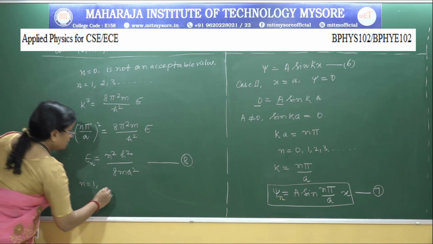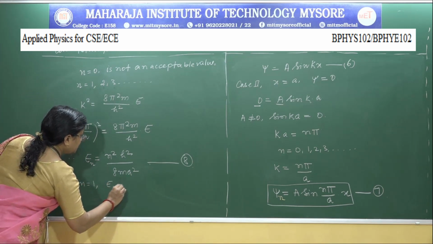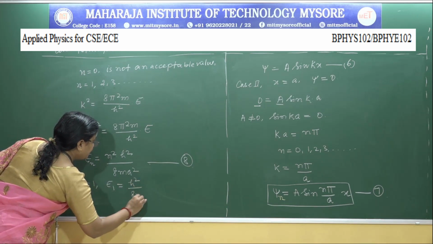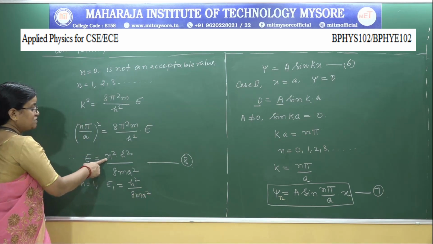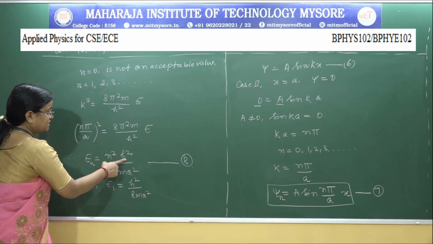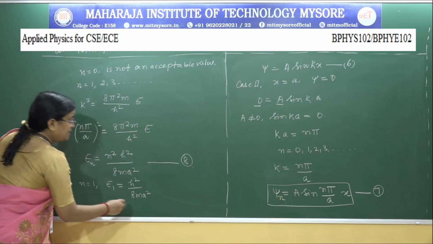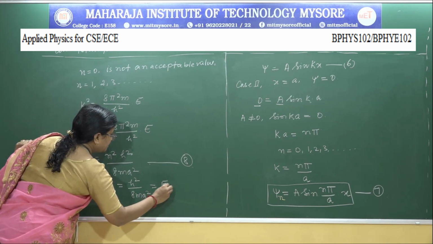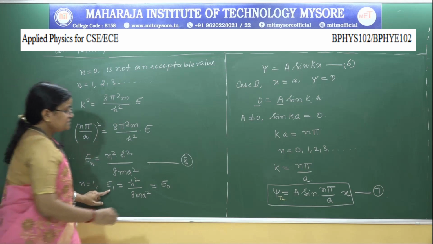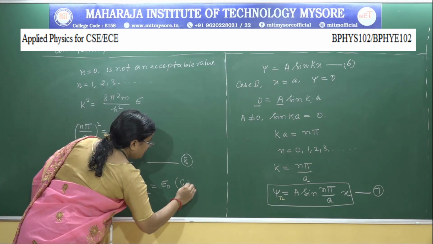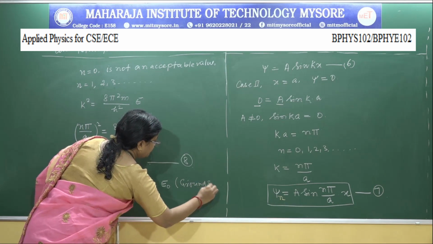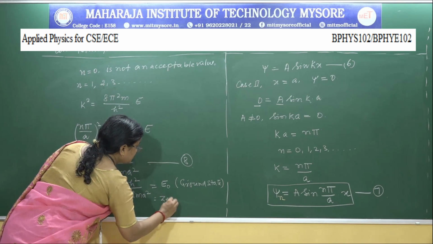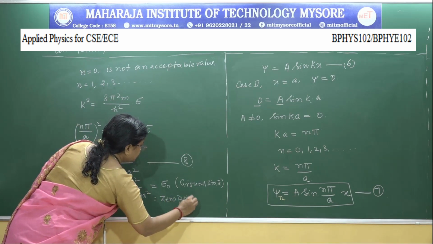N is equal to 1, we get E1 is equal to h square by 8 ma square. 1 square, it will be 1 itself, so you will retain it h square by 8 ma square, and let h square by 8 ma square be represented by E naught, and this is the energy value of the ground state energy level, which we also call it as 0 point energy.